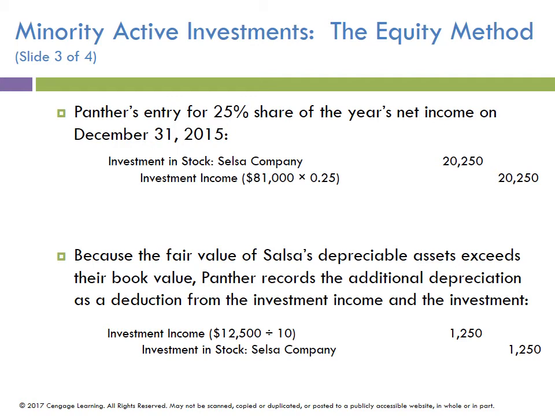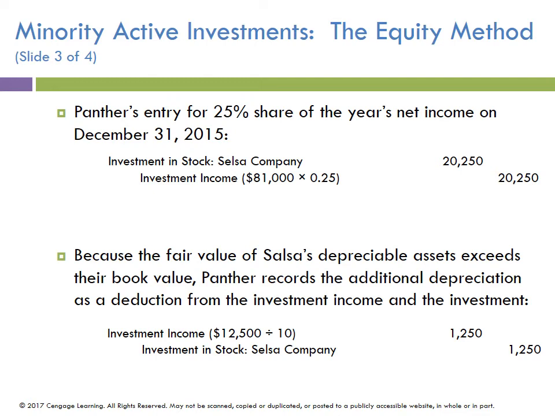But if we truly want to report the amount of income Panther should report, it should be CELSA's net income minus the excess depreciation that should have been taken because the assets should have been depreciated at their fair value, not their book value.